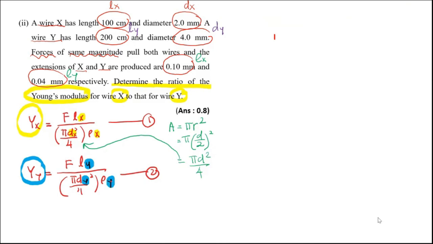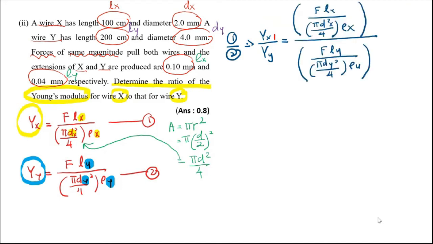To find the ratio, we just need to divide these two equations. If I divide equation 1 by equation 2, we come up with the ratio of the Young modulus X to the Young modulus Y. I just copy back the formula from equation 1 and equation 2, and then Young modulus x per Young modulus y is equal to this equation.